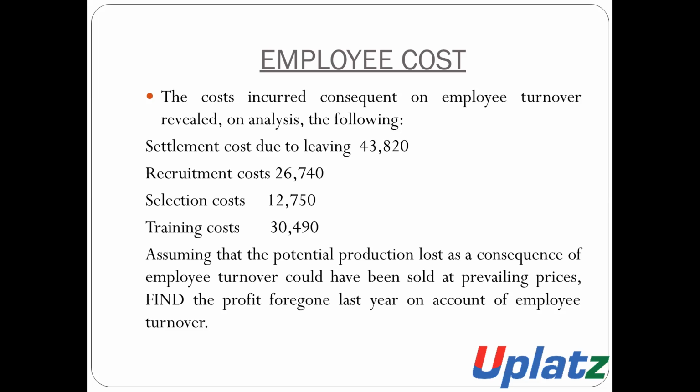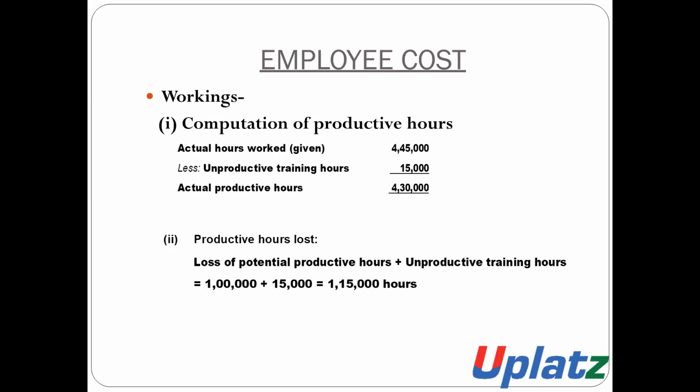On the basis of the above details, we will find the amount of profit foregone last year on account of employee turnover. First, we will calculate the production hours. Production hours is 4,45,000 total, less unproductive hours, which is 50% of 30,000, is 15,000.